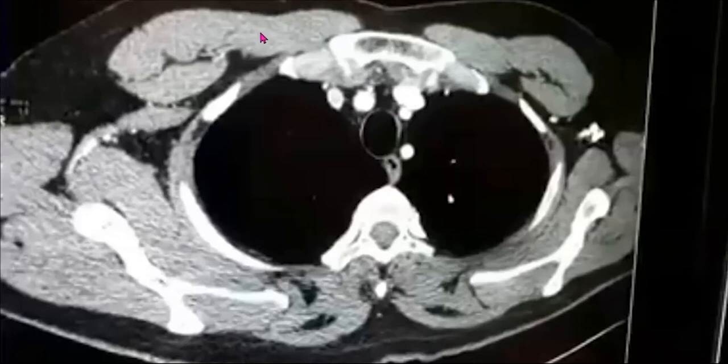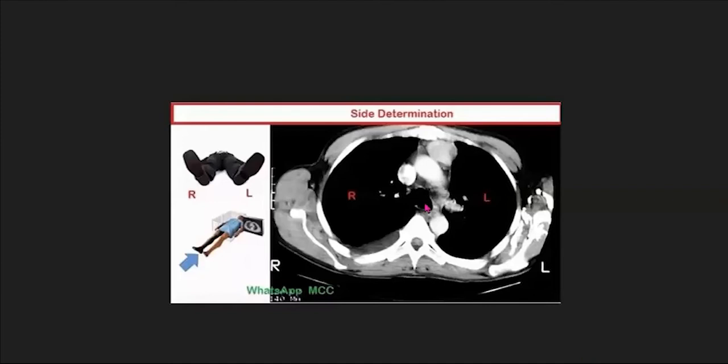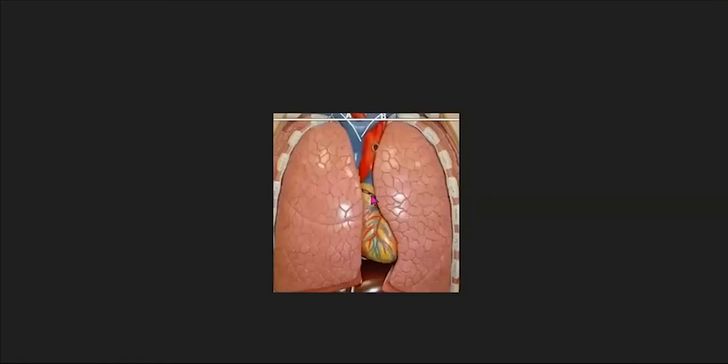As you can see here, B is the left brachiocephalic vein, and it is merging with structure A, the right brachiocephalic vein, to form the superior vena cava.